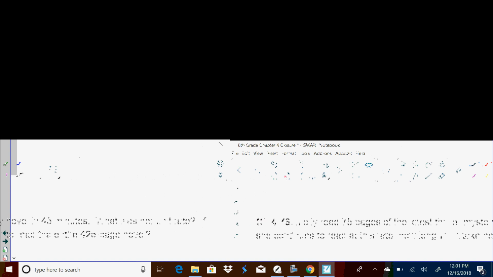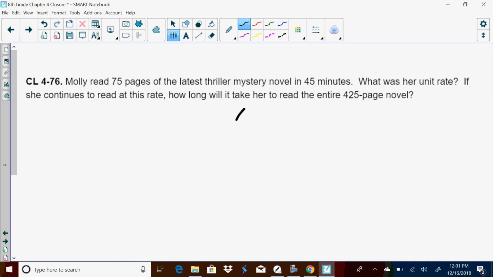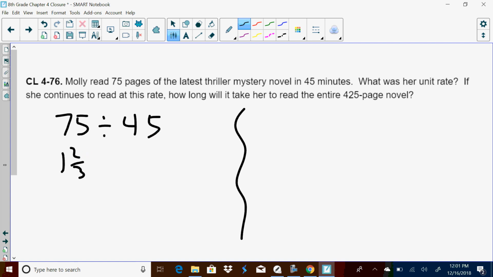Problem number 476. Molly read 75 pages of the latest thriller mystery novel in 45 minutes. What was her unit rate? If she continues to read at this rate, how long will it take her to read the entire 425-page novel? So her unit rate would have been 75 divided by 45, which is 1 2/3 pages per minute.